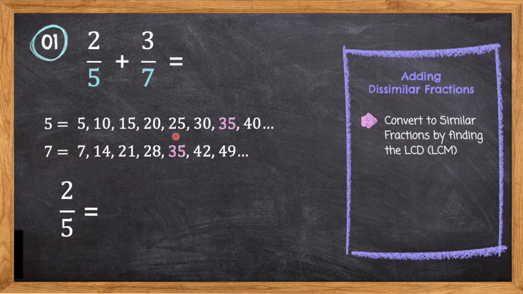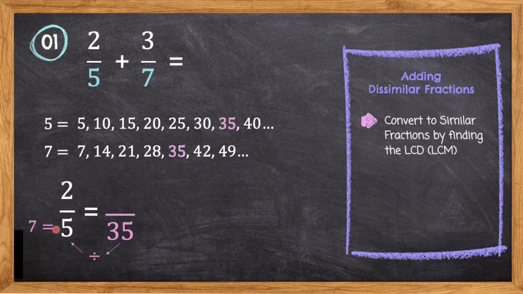And then, atong given fractions i-convert nato para mahimong similar fractions. So, kining 2 over 5, using our LCD na 35, mao na siya atong bagong denominator. To get the numerator, all we have to do is divide the LCD by the denominator. 35 divided by 5 will give us 7.